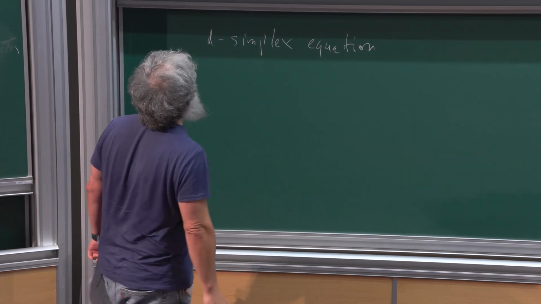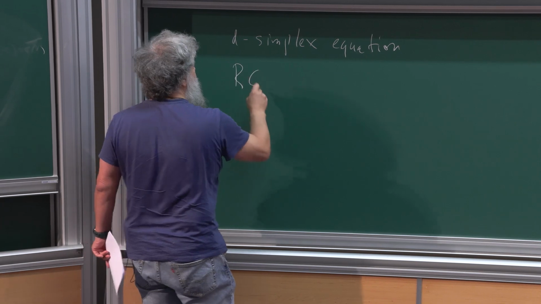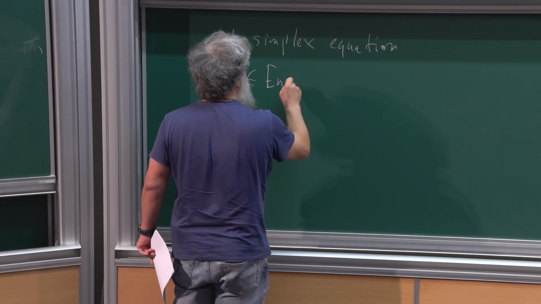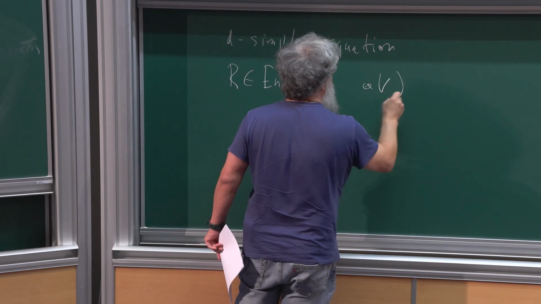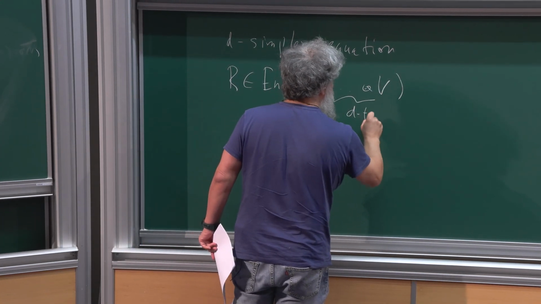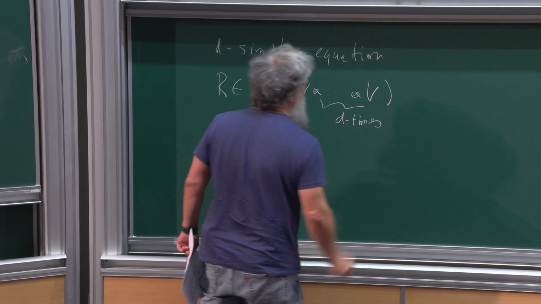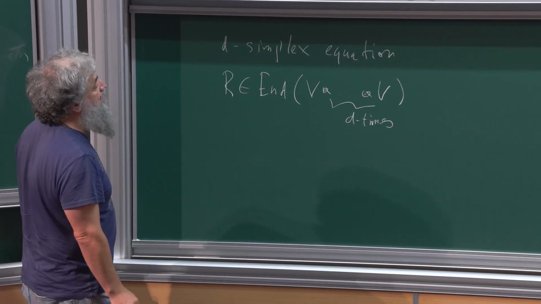So then you consider endomorphisms of the tensor product d times. And then the equation would be the following.